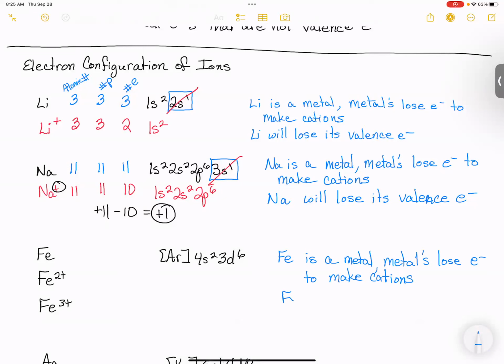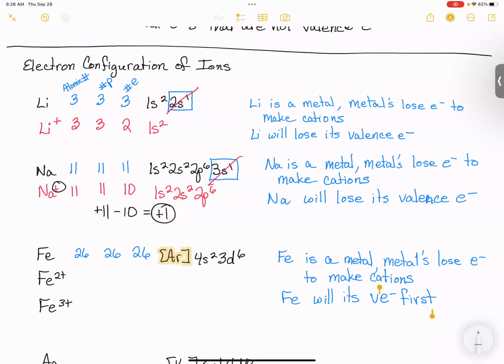So in other words, iron will lose its valence electrons, which I'll start doing as VE first. So first of all, iron is element number 26. So that's its atomic number and its number of protons. 26 protons means that there's 26 electrons. So the electron configuration in the noble gas form for iron is going to be argon 4s2 3d6.